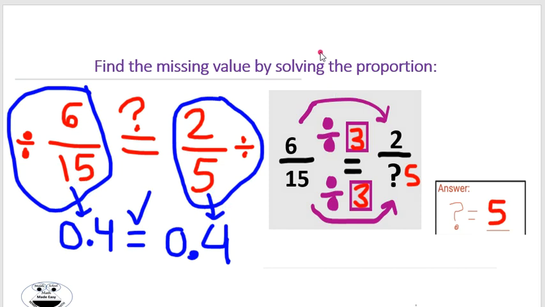A proportion is just 2 equal ratios. It's stating that 2 ratios, this ratio and this ratio, are equal. And what's really cool is that as long as you find the number that goes in the box, you just do the same thing on the top or the bottom. And it's either going to be a division relationship like you see here, or a multiplication relationship when solving proportions.